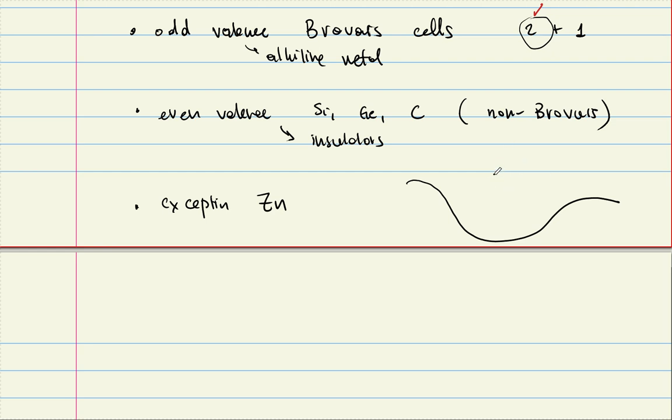Let me exaggerate another band like this, and the Fermi level could be something like this. Here, you occupy all the levels below. In that case, there is a band overlap. When there is a band overlap, you can have so-called Umklapp processes, a momentum changing excitation.